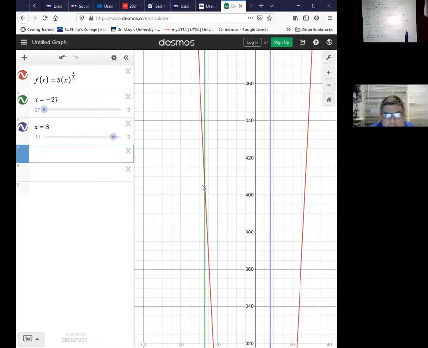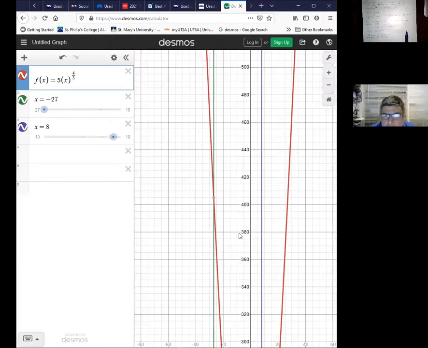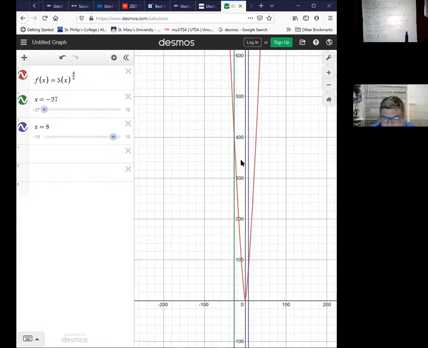So the graph is bounded between these lines here, -27 to 8. Does that make sense? So I'm only looking at from here to here. Nothing else past that or before that is considered.